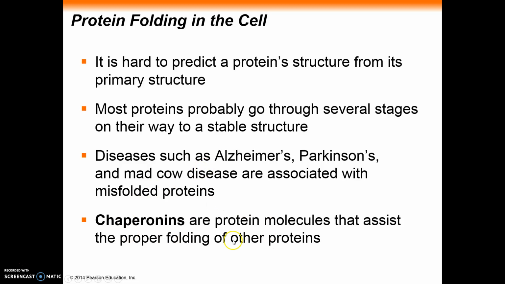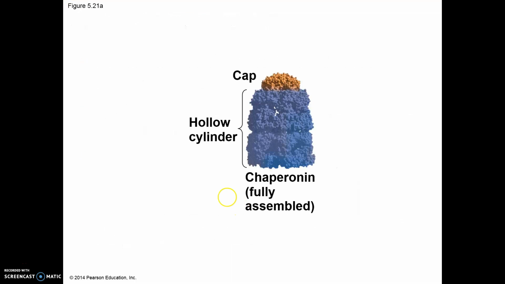One thing that helps with that is a group of proteins called chaperonins. These are essentially other proteins that can assist a protein in folding. And I will show you how one of these works, and we can talk about how some of the others work as well. Maybe we will do that in class.